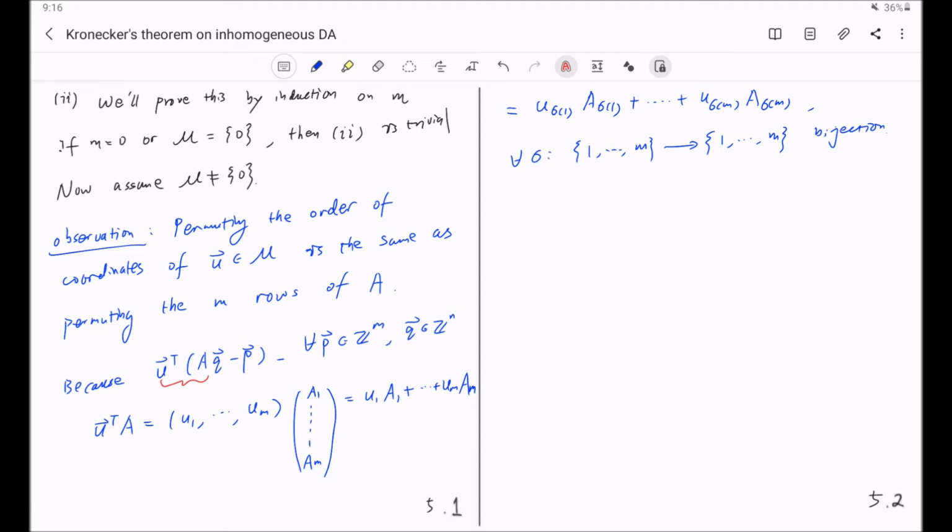So this tells you the permutation of the components u1 through um is the same as the permutation of the rows a1 through am.